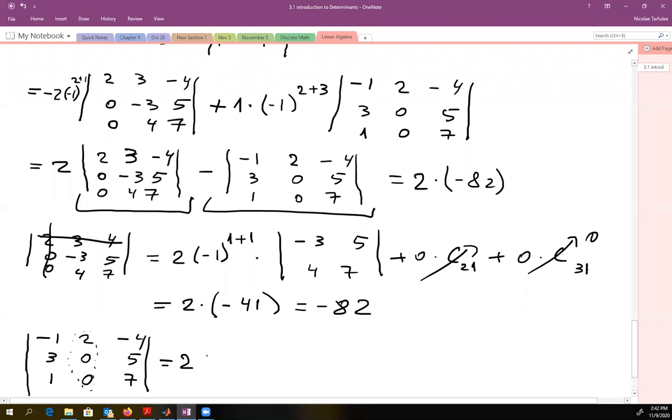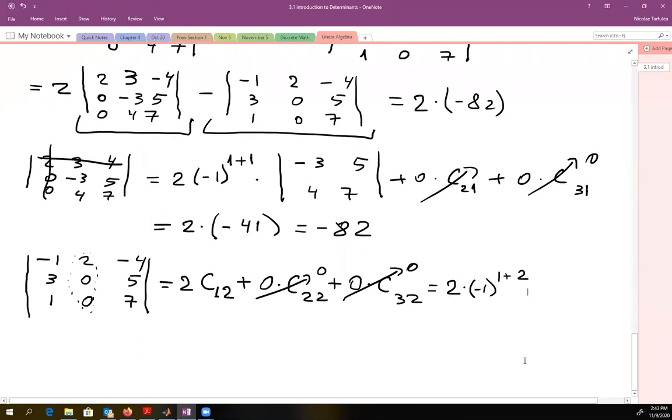Well, it's 2 times this cofactor, C12, first row, second column, plus 0 times C22, second row, second column, plus 0 again, times C32, third row, second column. Of course, these two are 0 no matter what those cofactors are. And all I have to do is to compute this one, which is what? C12 is negative 1 to the 1 plus 2.